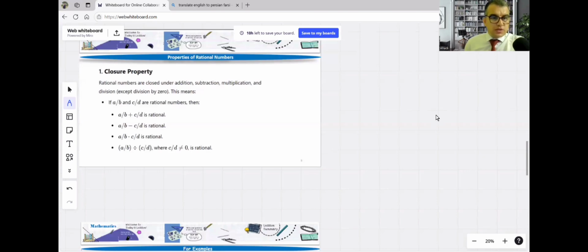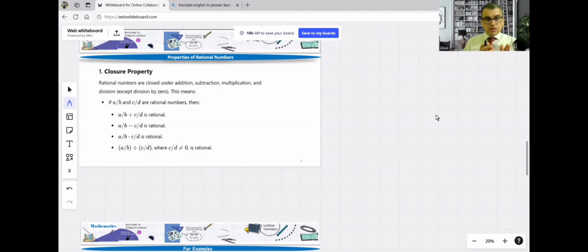First one is closure property. Rational numbers are closed under addition, subtraction, multiplication, and division. So it means, suppose we have two rational numbers like a by b and c by d, whenever we add them, again the result will be a rational number.